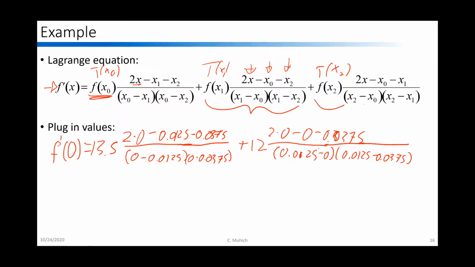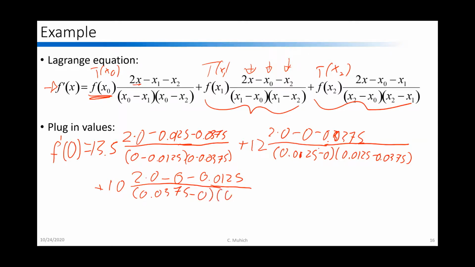And then I need to do my last term, which is plus my function value at 0.0375 meters into the surface. So that was 10 degrees C times twice 0 minus 0 for that x0 minus x1, which was 0.0125, over x2, so 0.0375 minus x0, which was 0, times 0.0375 minus x1, which was 0.0125.